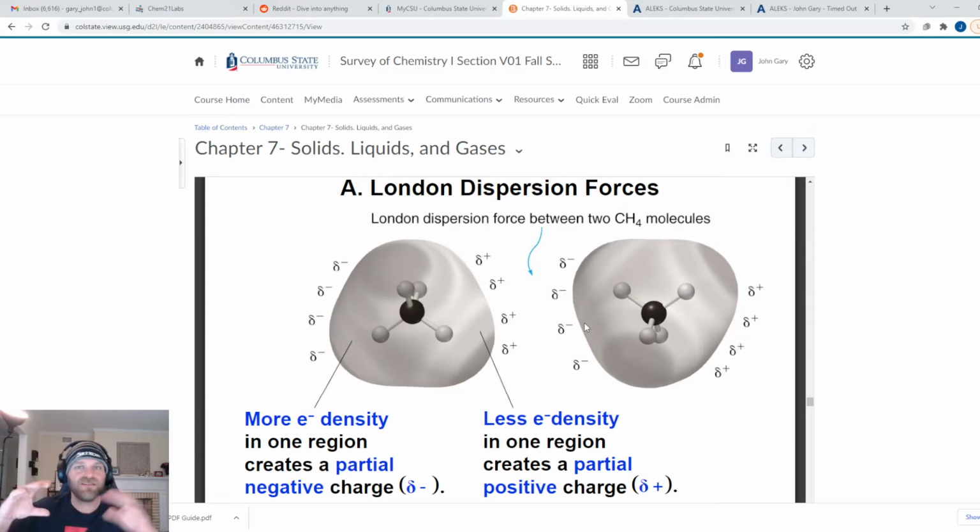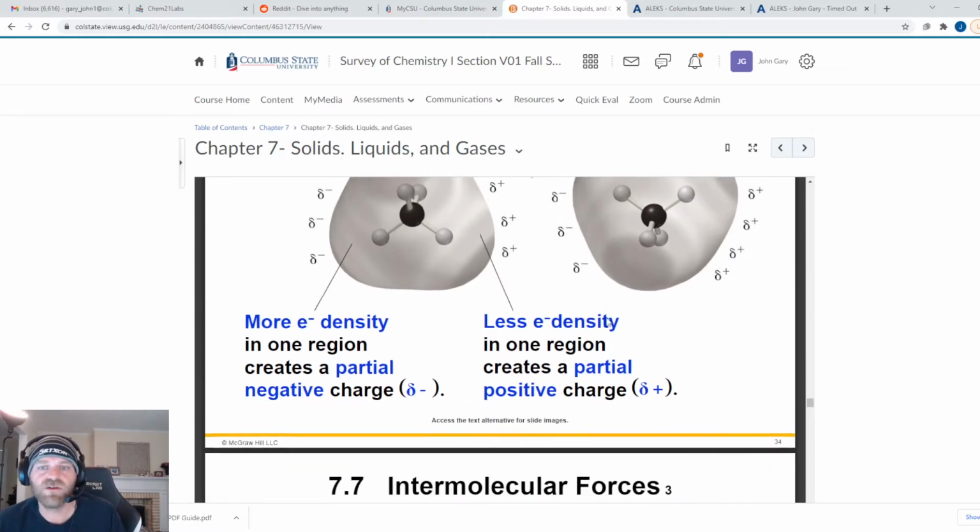So you end up with a little chain of hydrocarbons that are slightly bound to each other. They hold on to each other just a little bit, not as much as water with hydrogen bonding, but they do hold each other tighter together. These are called London dispersion forces.